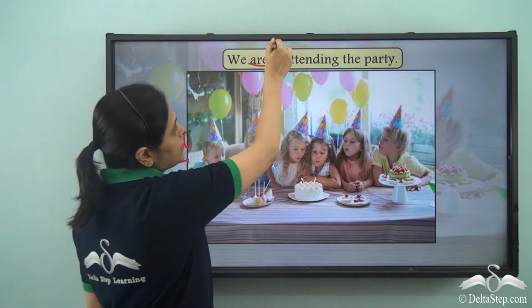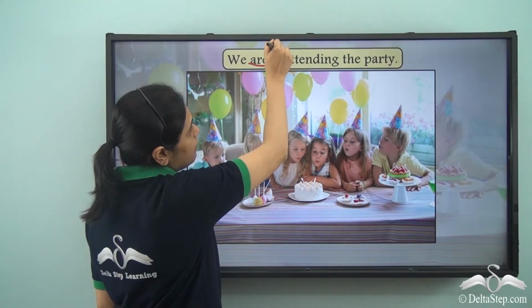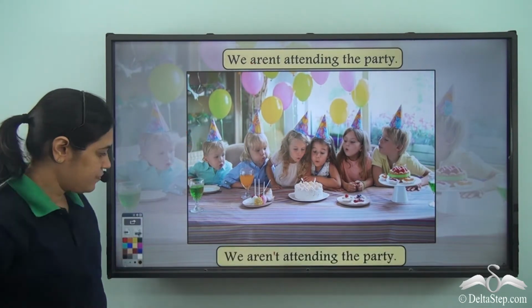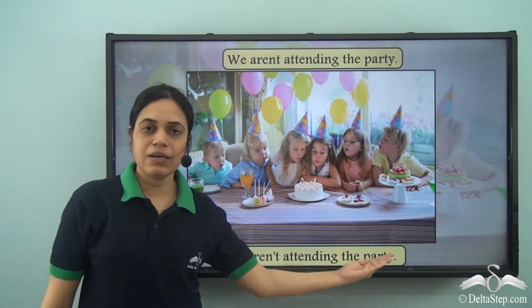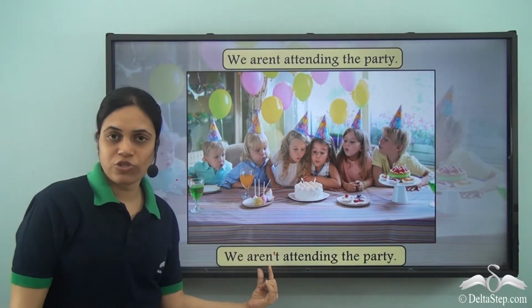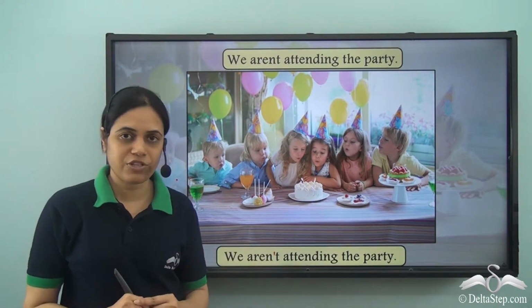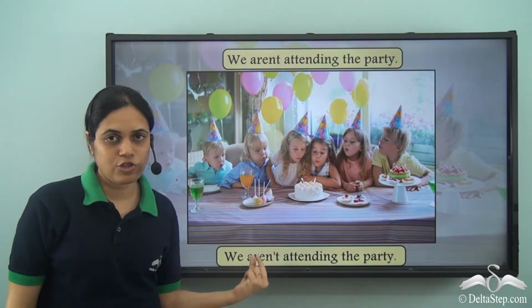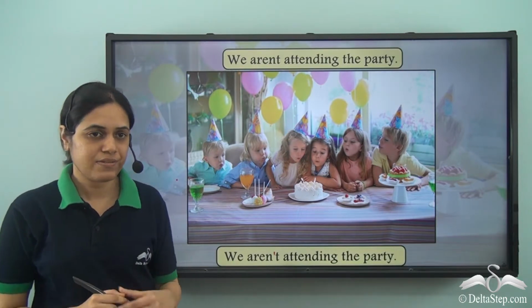So in this case, apostrophe will come after N, that is between N and T. We aren't attending the party. Note that when we write an apostrophe, there is no space after apostrophe. This T comes just after the apostrophe without any space.